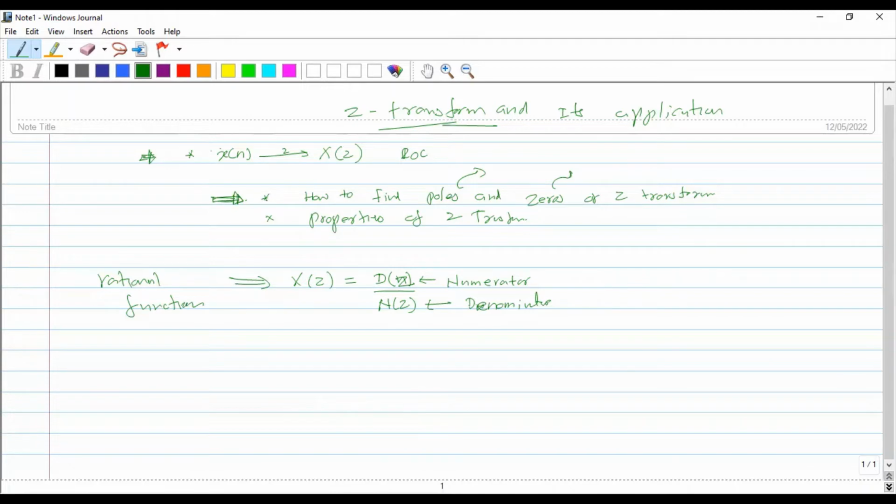So you can see that it has a numerator, and it has a denominator. Both are functions of z.